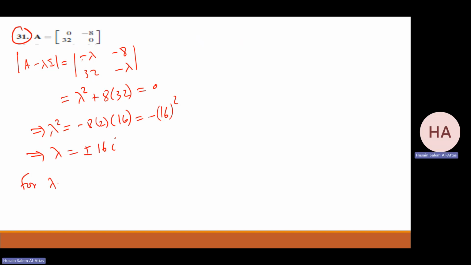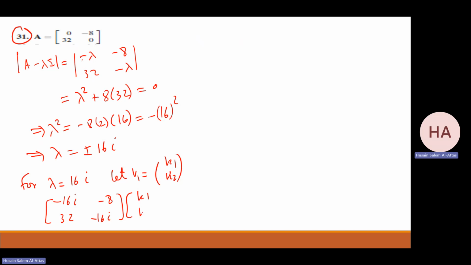So for lambda equals 16i, I let V1 be K1, K2. I'll do the calculation. I have the system minus 16i and minus 8, 32, minus 16i, times K1, K2 equals 0, 0. These two equations should be the same. Minus 16i K1 minus 8 K2, and 32 K1 minus 16i K2.